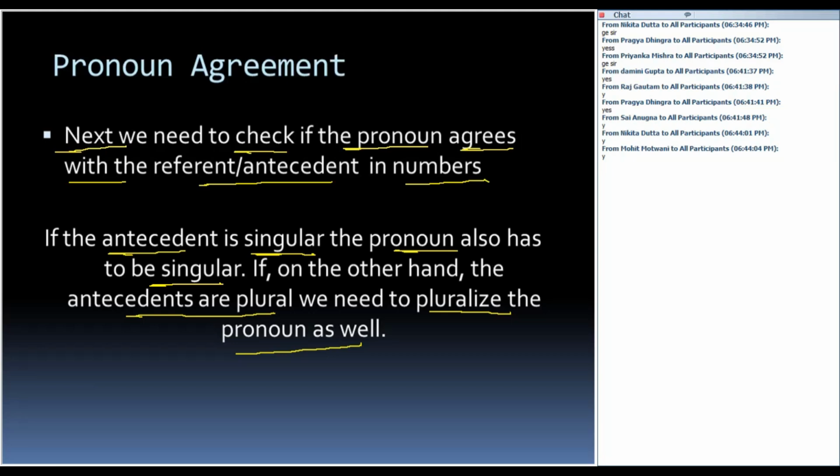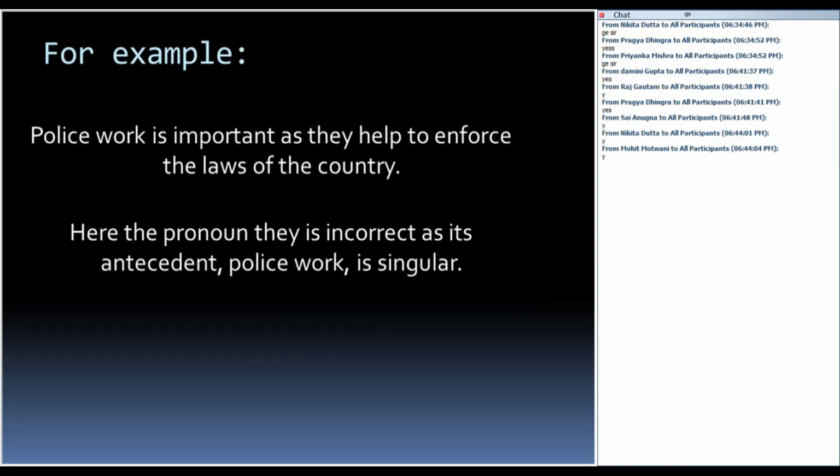For example, you can see here, if you say, "Police work is important as they help to enforce the laws of the country." The problem is, who is they? I'm not talking about policemen, I'm talking about police work, which is singular. So probably they refers to policemen, but here I am using police work and not policemen. So the pronoun they is incorrect.